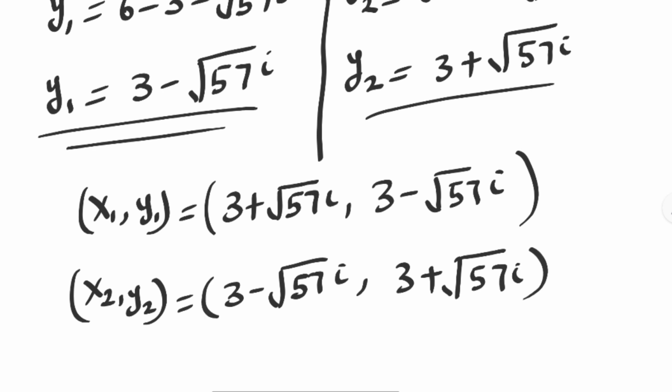You can see that the value of x1 here is equal to the value of y2 here, and the value of y1 here is equal to the value of x2 here. We may check to confirm if this answer is right or wrong.